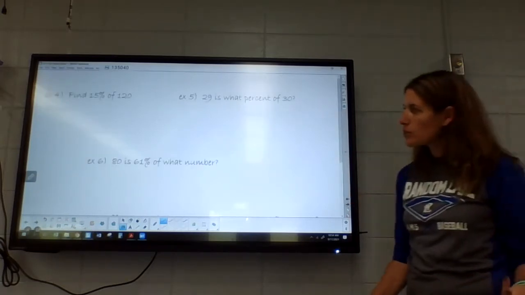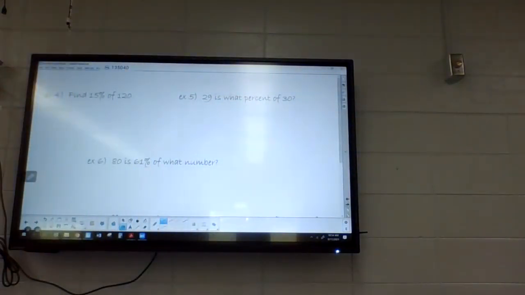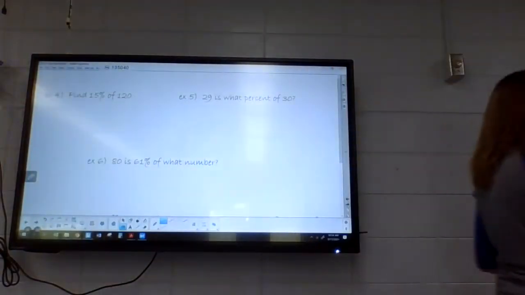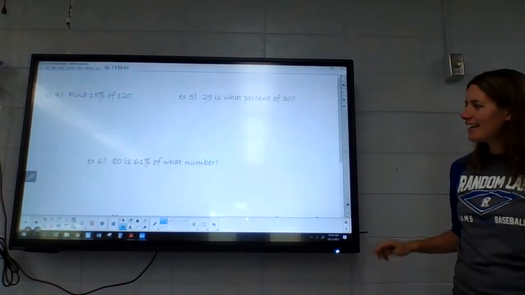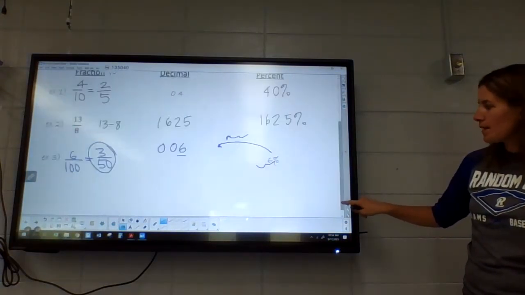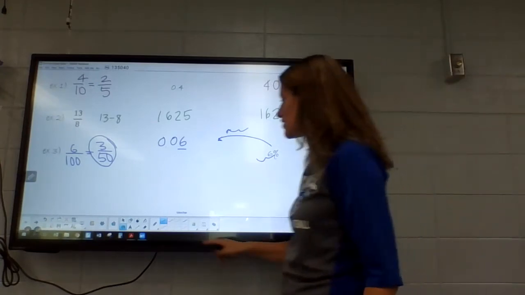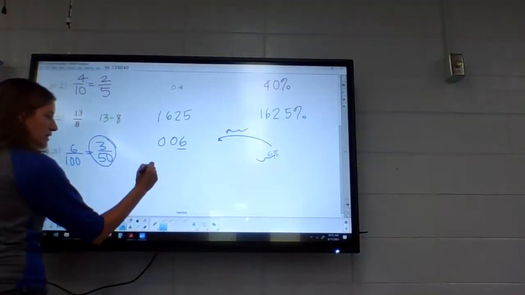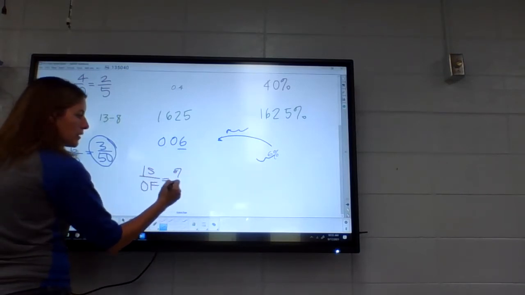All right, so now we're doing some percent problems. I meant to leave a space for you to write the percent proportion. One of the things I would suggest memorizing is that is over of equals a percent over 100.